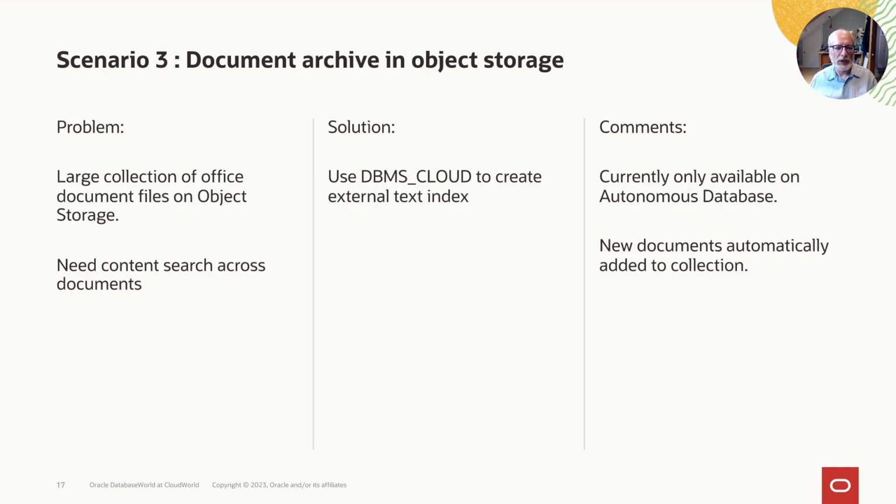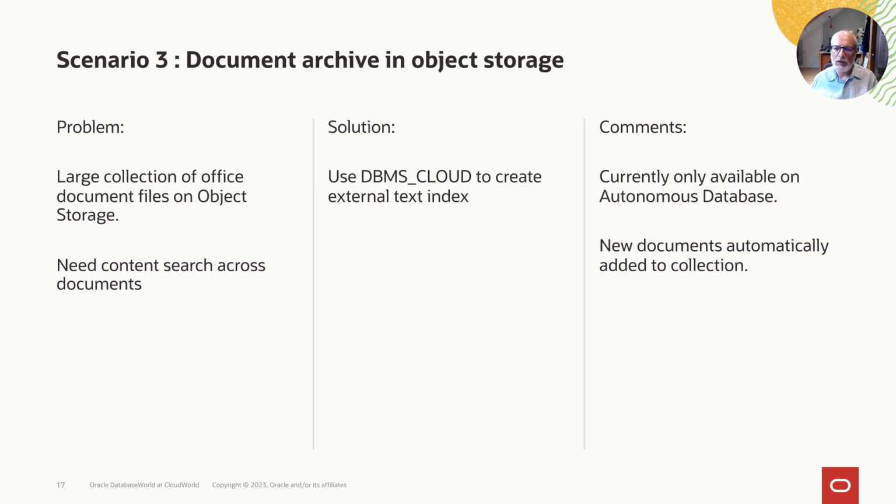So here's the scenario in slightly more detail. We have a large collection of Office document files in object storage, and we need to be able to search for content keywords in that document collection. So we're going to use DBMS Cloud to create what's known as an external text index. That's a text index on external documents.